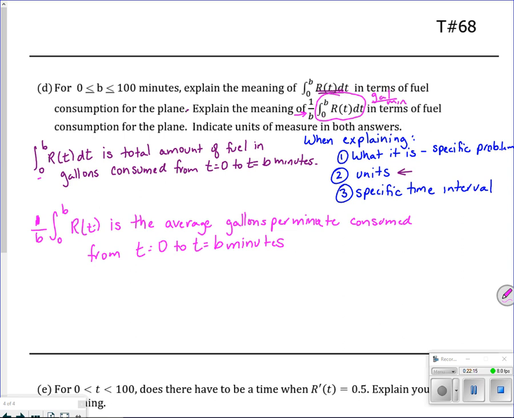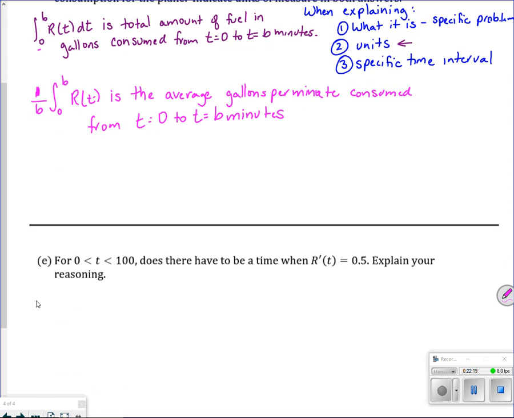All right, last one. Oh, goodness. For T being 0 to 100, does there have to be a time when R of T equals 0.5? Oh, goodness. What should we think about? You're proving the existence of something.